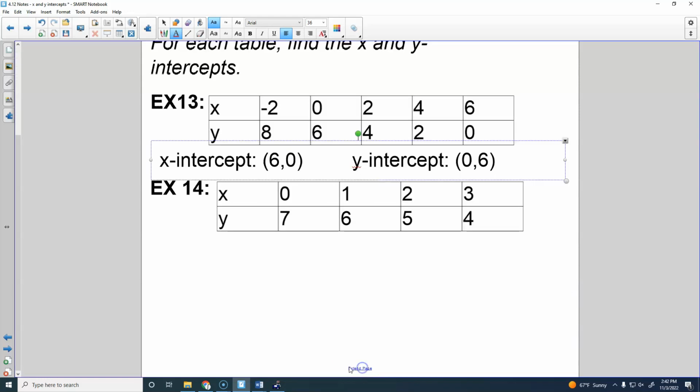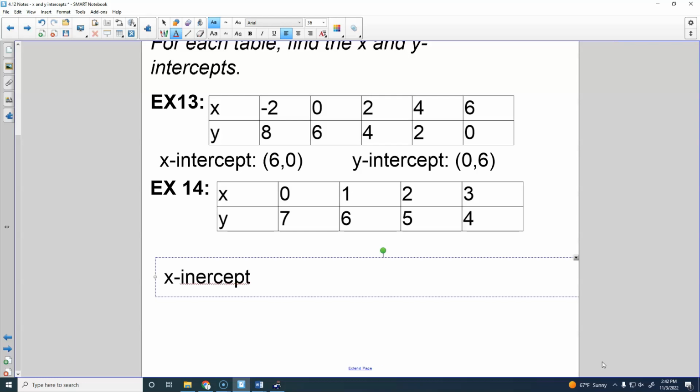All right, 14 is more difficult. Now, one of them is still pretty straightforward. The x-intercept and the y-intercept. Which one can we find right off?